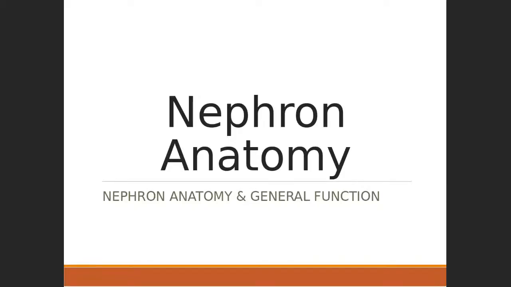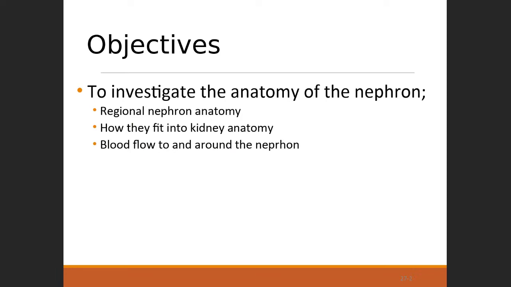As we continue on with our renal anatomy, we really can't get by without doing an in-depth look at the nephron anatomy as well. We kind of alluded to this when we did our general urinary anatomy with the kidney earlier. But we have to investigate the nephron, look at how it breaks down regionally, because we are going to be using those regions as distinct functional points in that nephron, with each part of the nephron having a role to play.